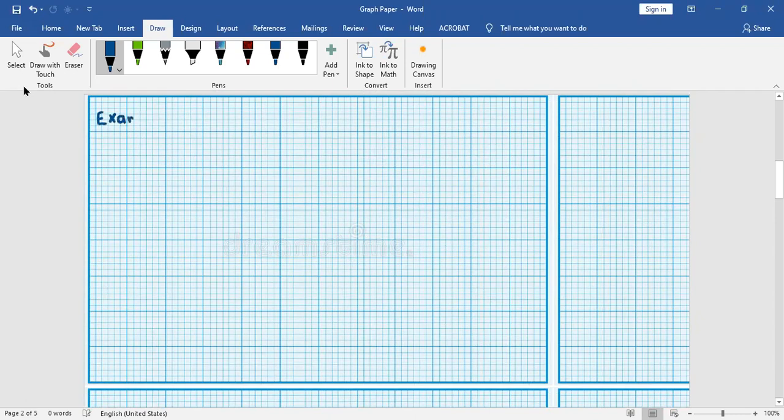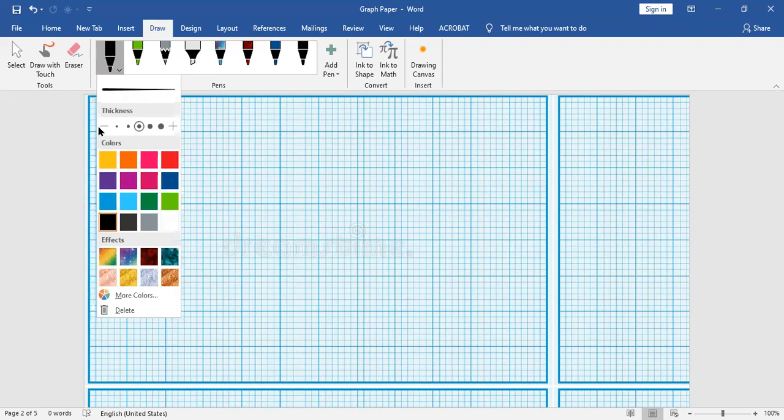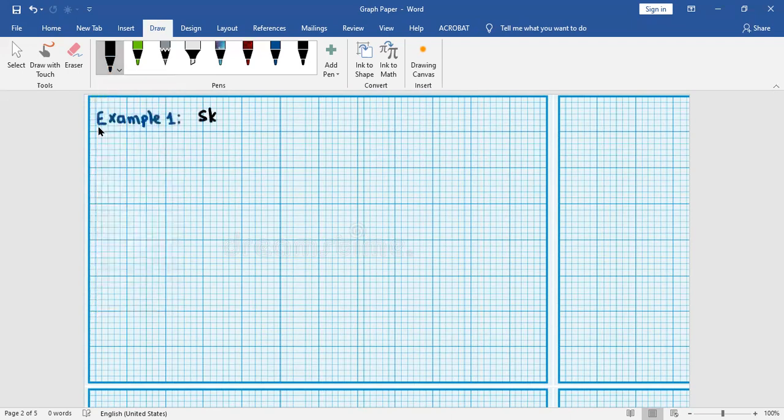Example 1: sketch the graph of the function y is equal to (x minus 1)(x minus 5).